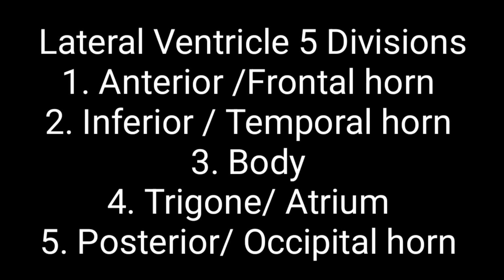Then the inferior horn, which is the temporal horn, the body of the lateral ventricle, the trigone of the lateral ventricle, which is also called the atrium, and the posterior horn, which lies in the occipital lobe. So the nomenclature has been given according to the presence of the lobe or communication with the lobe, so that is the occipital horn.